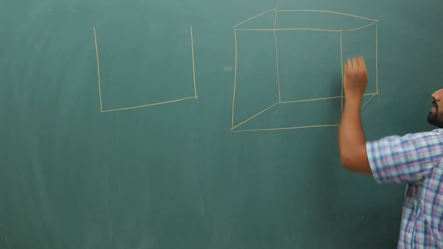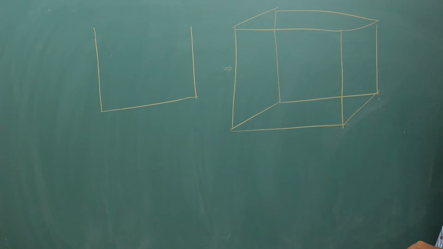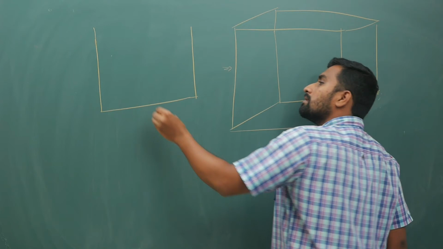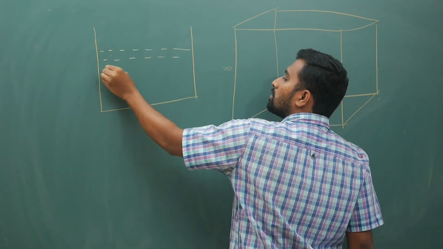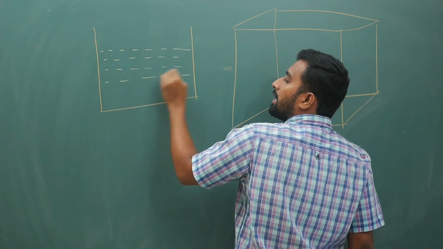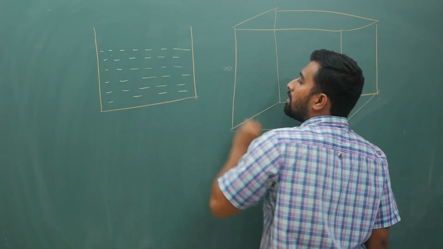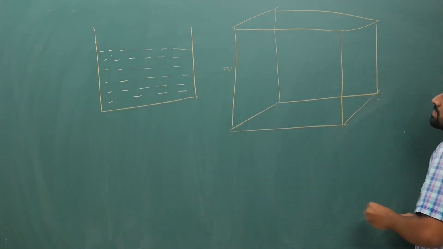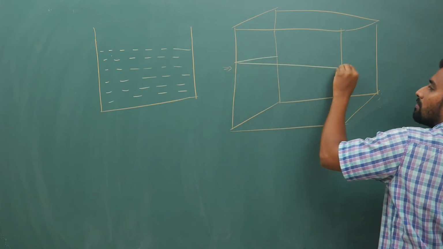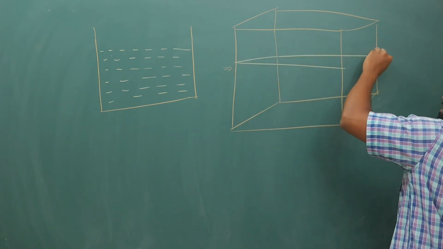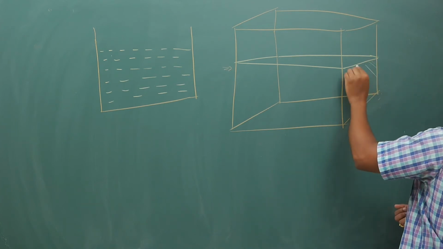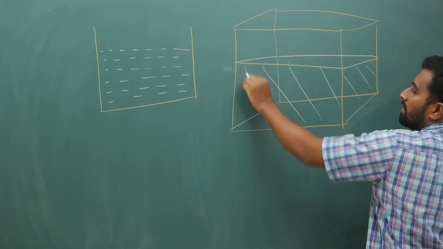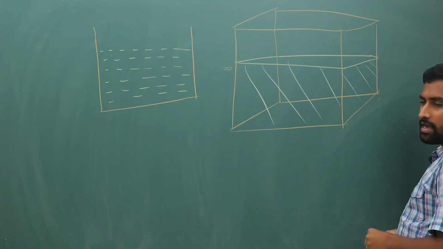I can close the top part, I can close the bottom part, a lot of things I can do. Now when I am filling the liquid in this container, what should automatically come to your mind is that the liquid is being filled in all these dimensions, here, here, here, everywhere in 3D.